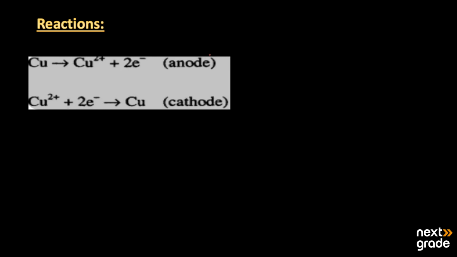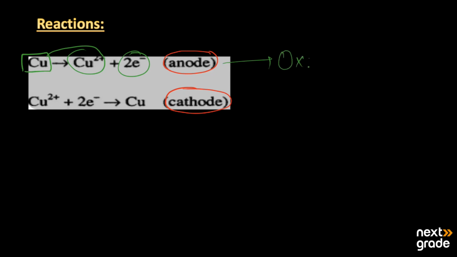Here, two reactions take place at both ends of the cell, the anode and the cathode. The anode is made up of impure copper. That impure copper comes into the solution as Cu2+ by losing electrons. So here is the process of oxidation.